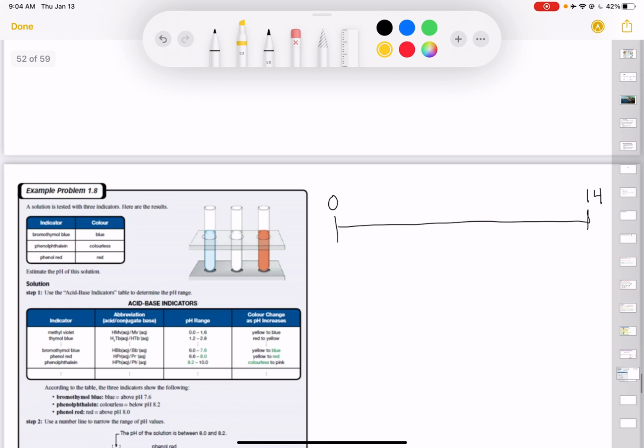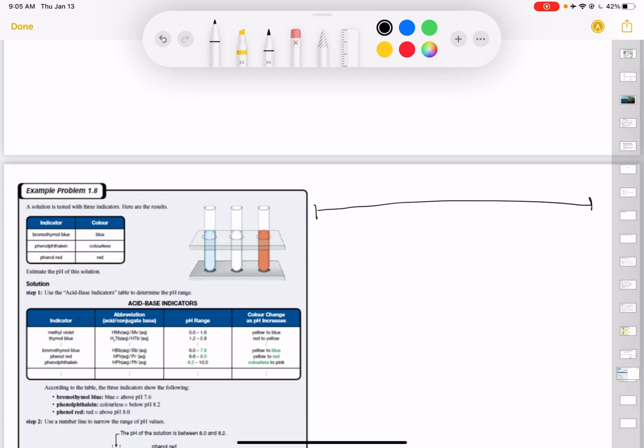So that's where I'm going to, so we're at 1, 2, 3, 4, 5, oops. I did not do a very good job at this. I'm going to start my line over again.